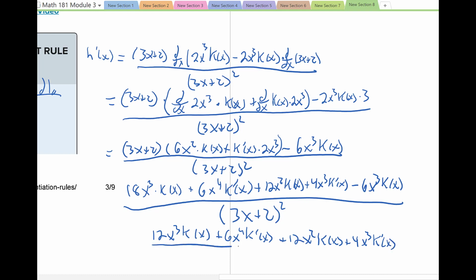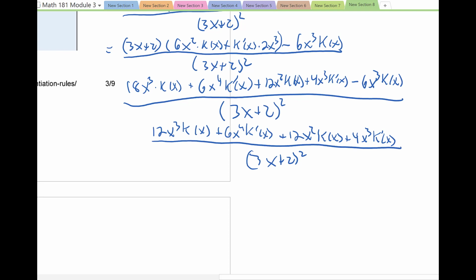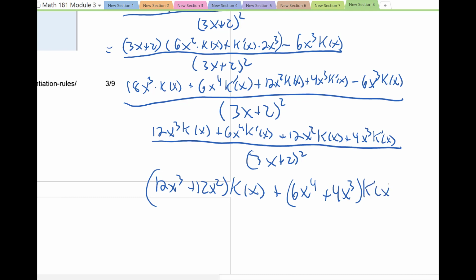I guess what we could do is clean it up just a little bit more. If we group the terms, not combine, by k of x and no k of x, for example, (12x cubed plus 12x squared) k of x plus (6x to the 4th plus 4x cubed) k prime of x.